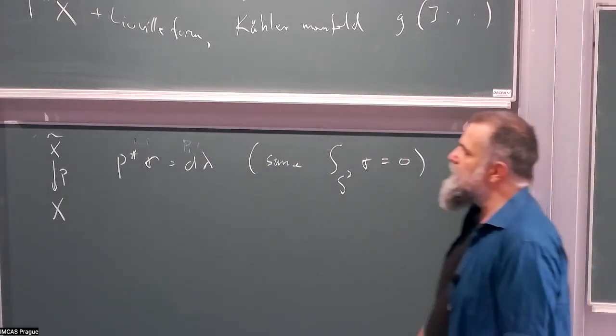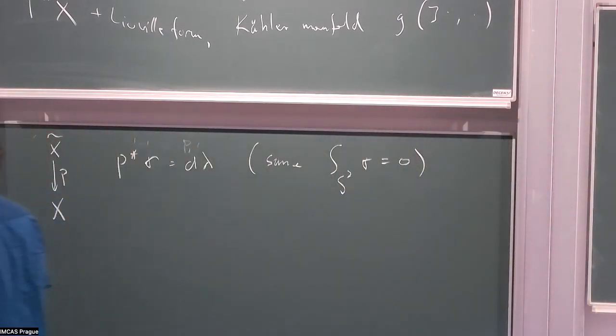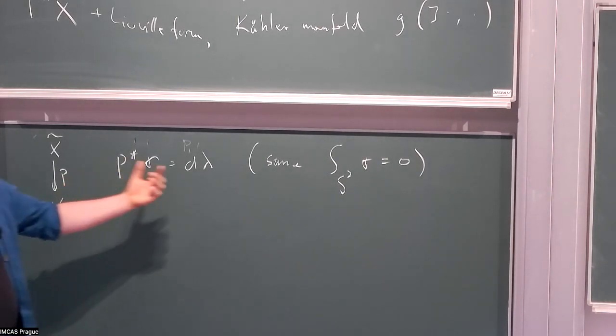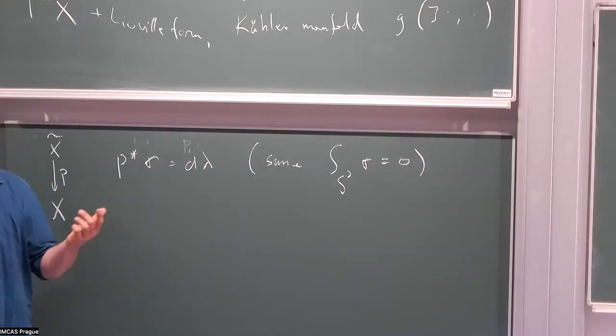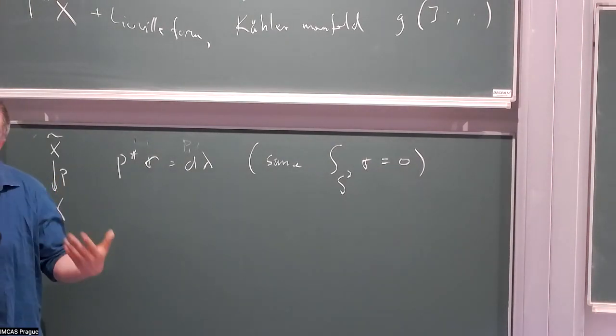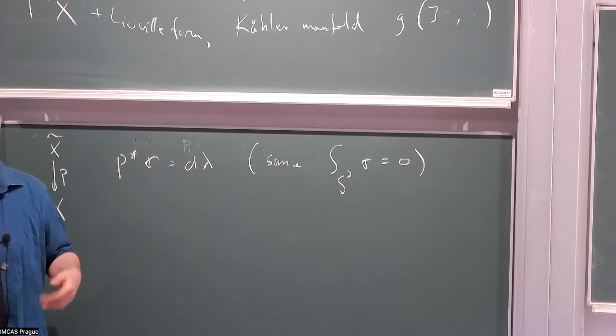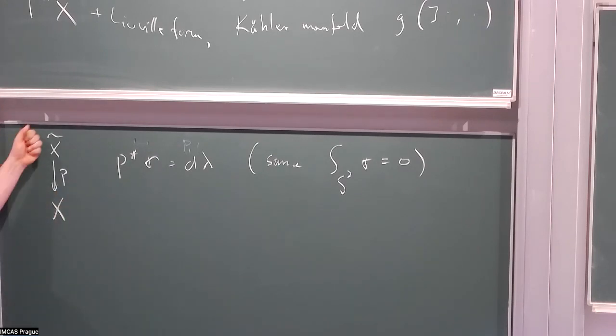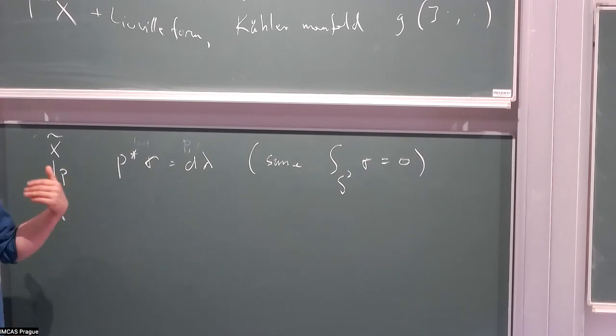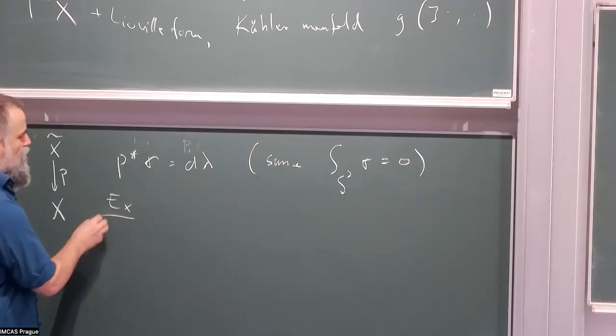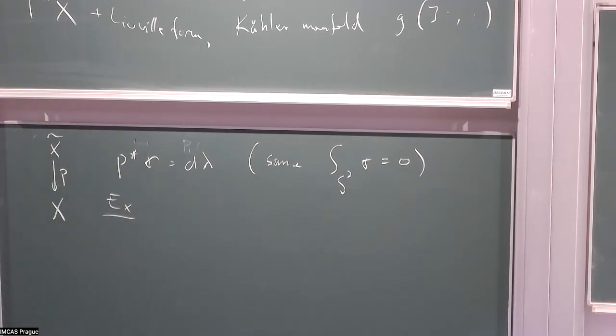But I also need something more, and this is hyperbolicity, which says that I can find such a lambda that, with respect to some or any (they're equivalent) metric from X pulled back to the universal cover, this lambda is a bounded section of the cotangent bundle. There are two examples to see when it happens and when it does not.